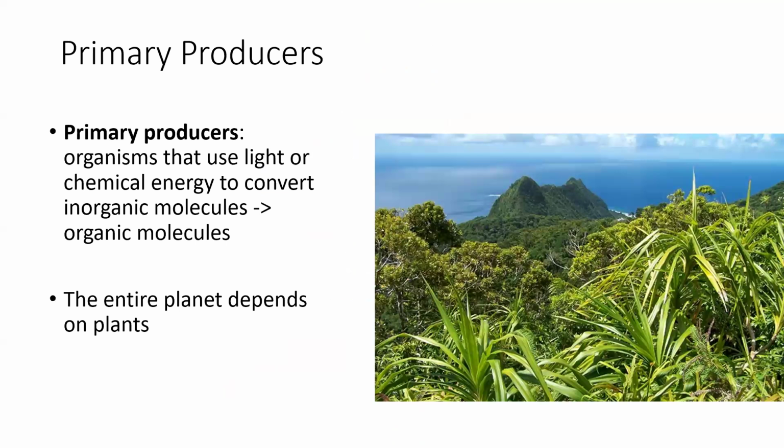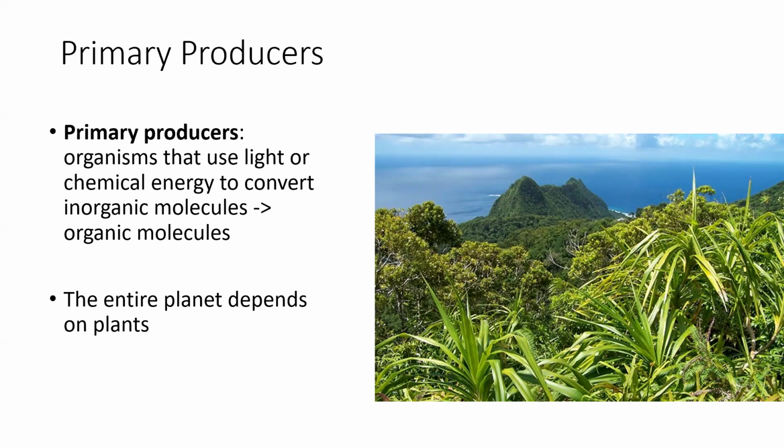Plants are what we call primary producers because they are able to use that light energy and then convert inorganic molecules, things like CO2, into organic molecules like sugar-based molecules or carbon-based molecules that can be used. Not to be over dramatic, the entire planet depends on plants.